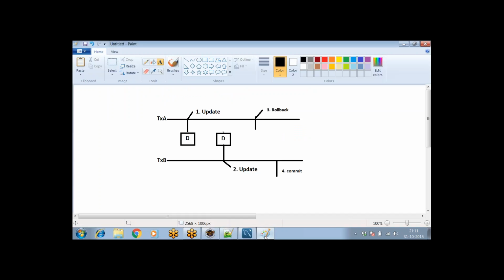If you set this isolation level, that means, let's say you have a transaction A. It has done the update and it is not yet committed. So you have an uncommitted transaction which has written to that row.